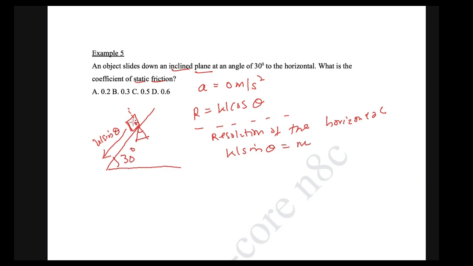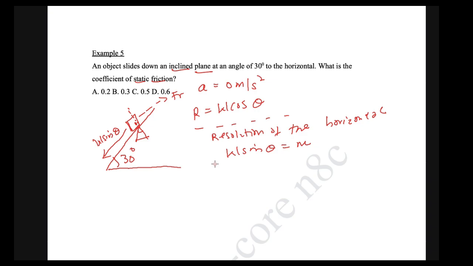Now, since this object is sliding down, frictional force is going to act in the opposite direction. So let's say this is frictional force. Pardon me, we have two forces along the plane actually, W sin theta and frictional force, because we are asked to look for static friction, so frictional force is present. How do we resolve these forces?